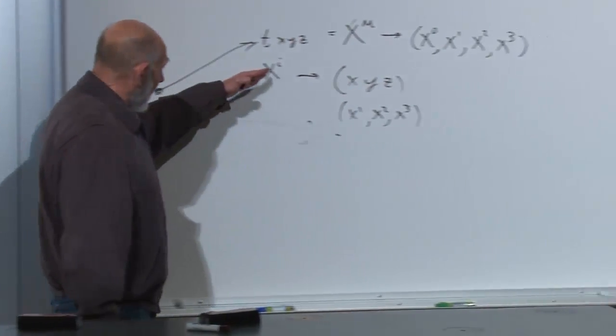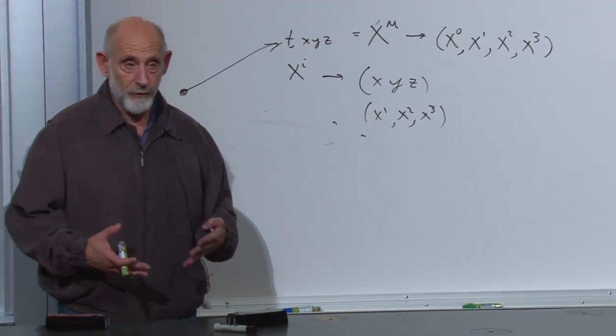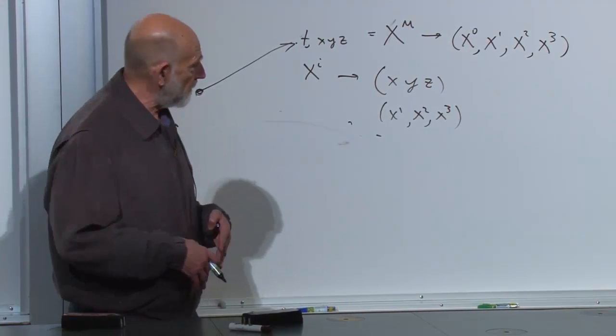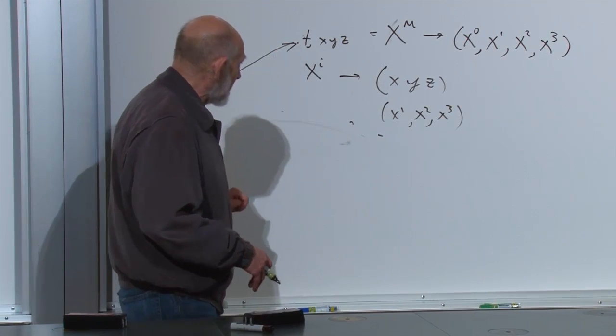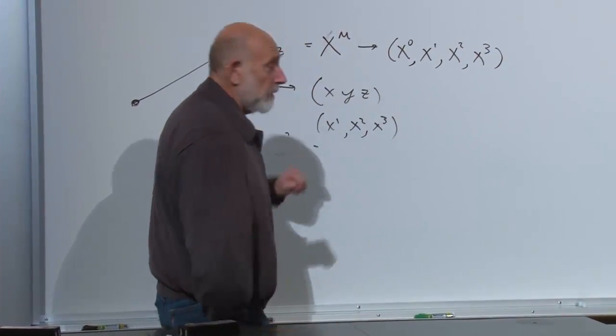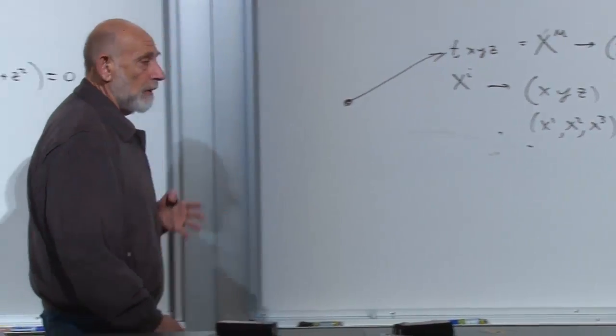Just as xi can be thought of as a very basic version of a vector in space, x mu with four components becomes the notion of a four-vector.